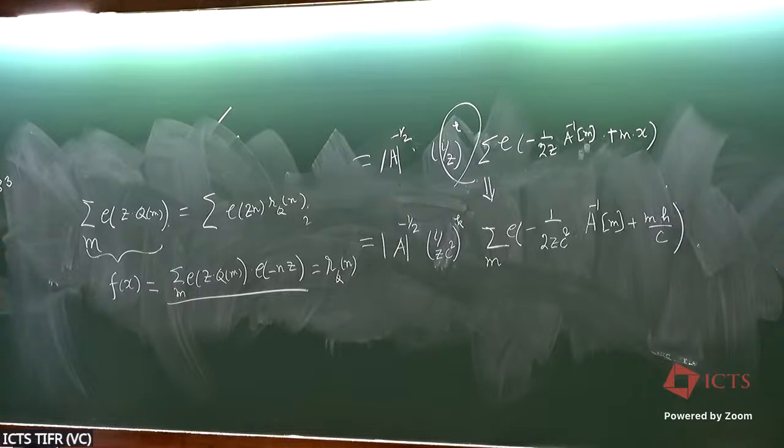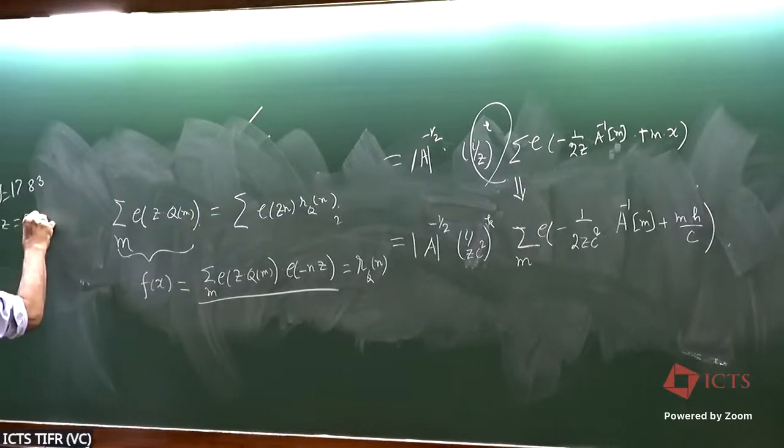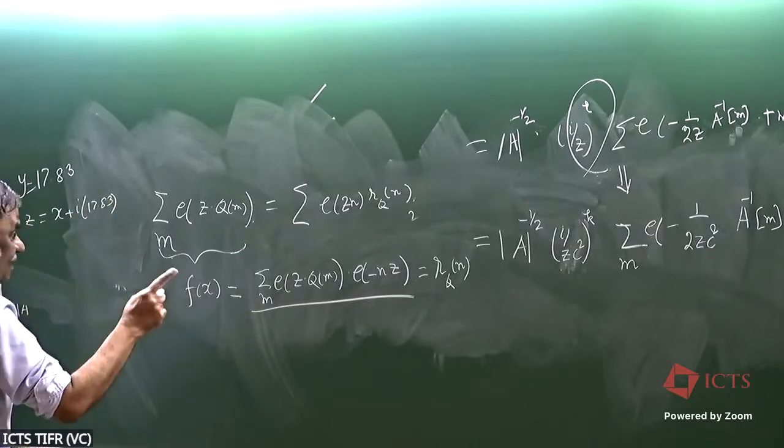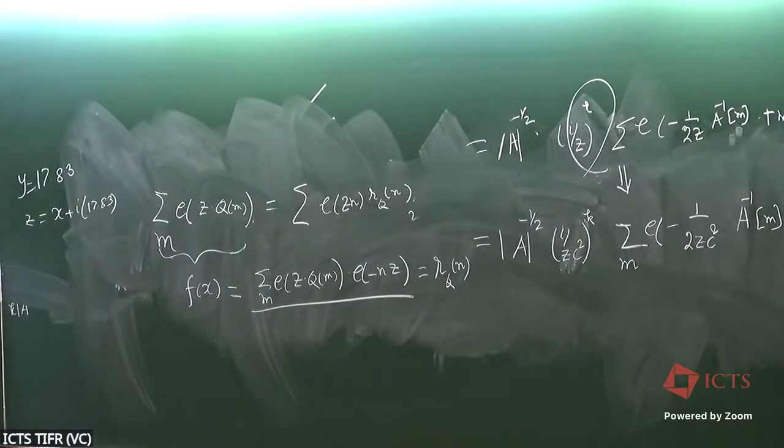And then your z is equal to x plus i into 17.83. Therefore, that is the set which I am taking. And therefore, whatever I am writing, which looks like a complex number, is really a function of one single real variable. And that is where we will be integrating.